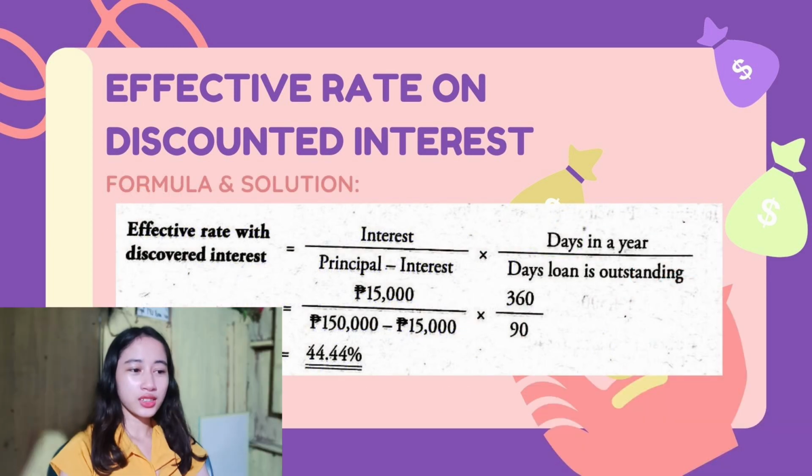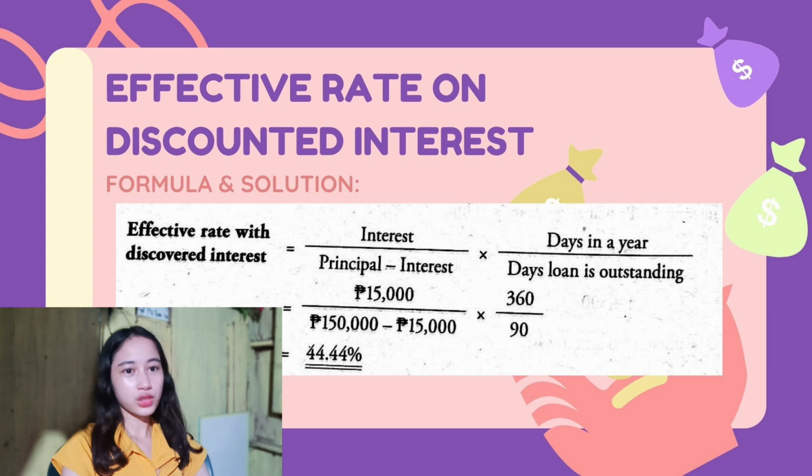As you can see in the next slide, there is a formula. The difference from the formula before is that here in the discounted interest, the principal is being deducted by the interest. So the formula is interest divided by principal minus interest, times days in a year divided by days loan outstanding.